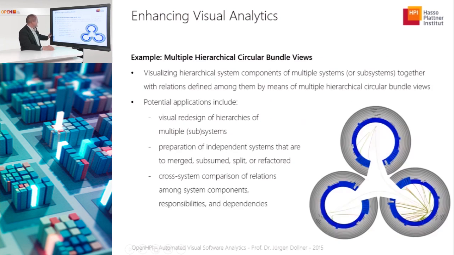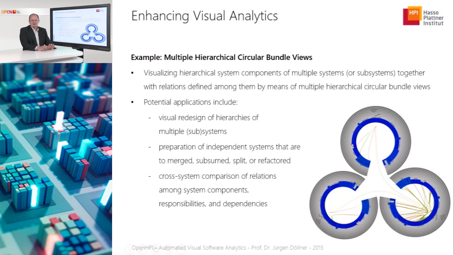One of them is the multiple hierarchical circular bundle view. As we have already seen, a hierarchical bundle view shows a hierarchy together with relations defined among the components of the hierarchy.